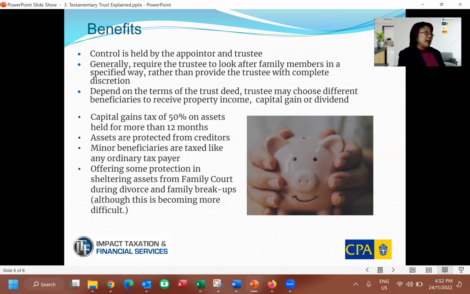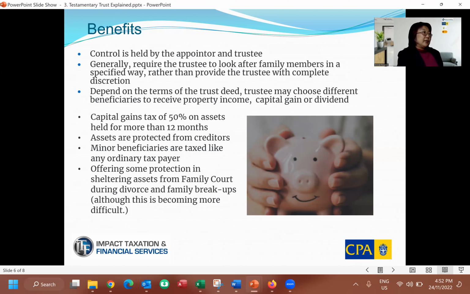Then under a testamentary trust, minor beneficiaries are taxed like any ordinary taxpayer. This is another major difference between a testamentary trust and a common family trust. If you remember from one of our past sessions, in a family trust, a child under 18 years old can only receive a tax-free income of $416 a year.